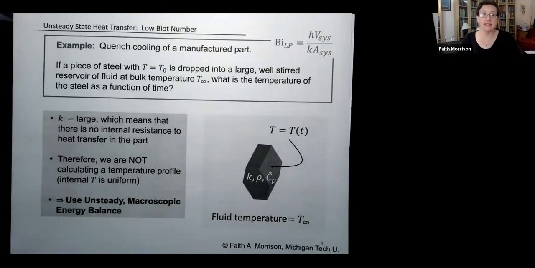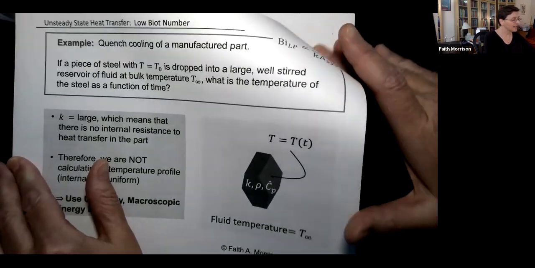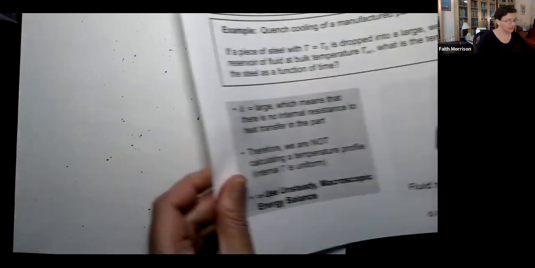This is a case of a part that has an unknown shape, and that's going to lead us to the unsteady state balance. And we're not being asked about the temperature profile or the distribution of temperature in the part. And so this is a classic problem that uses the macroscopic balance. So that's going to be the one that we use.